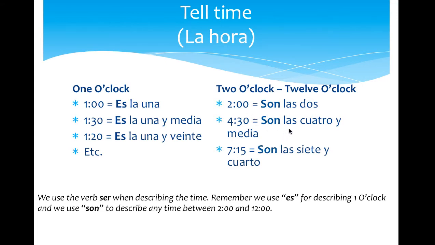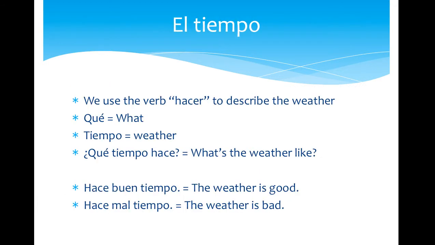Son las 4:30. Son las 7:15. That will give us a really good idea of how we're going to express the time in Spanish. However, studying the book and looking at some more examples, on page 18 of our textbook, will give you a really good idea of how to use that.